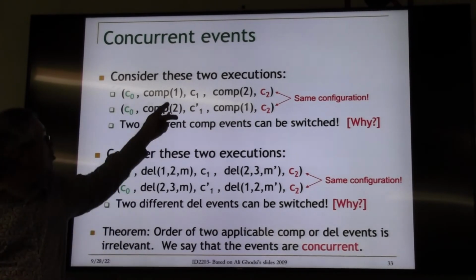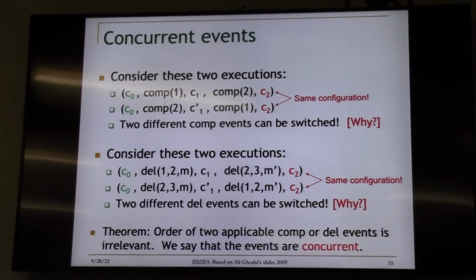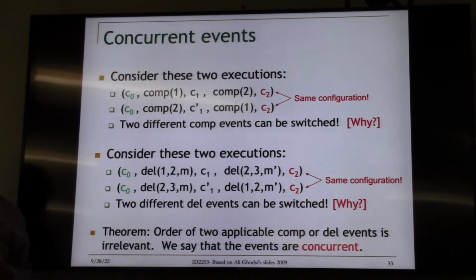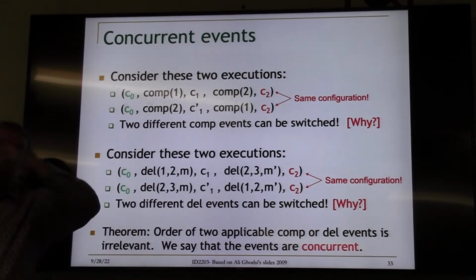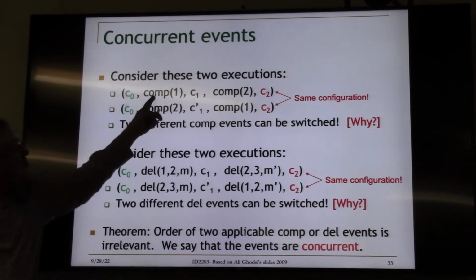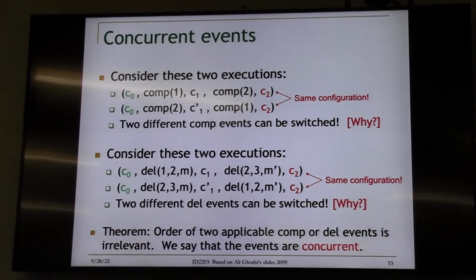This is commutative, but why is it commutative? It could be an operation like addition. Any comp event is commutative with any other comp event here. It could be an addition, but it could be a very complicated database here. Fine. Any two comp events on different processes are commutative. Why is that?